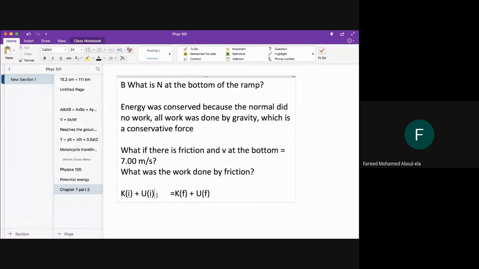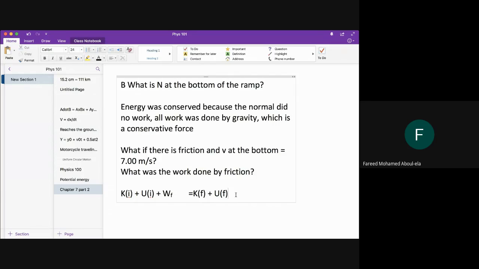But we know that work was done by friction. So the energy is changed by an amount equal to the work done on the object by friction. So this will be, we'll call it W sub F. Work done by friction. Work done by the non-conservative force.